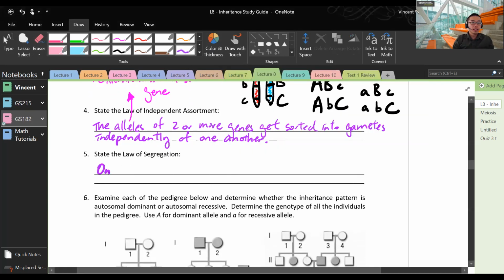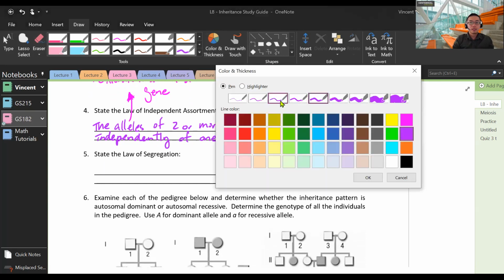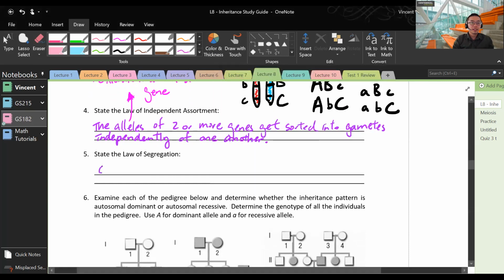It says only one of the 2 alleles in a diploid organism will be passed on to each gamete.